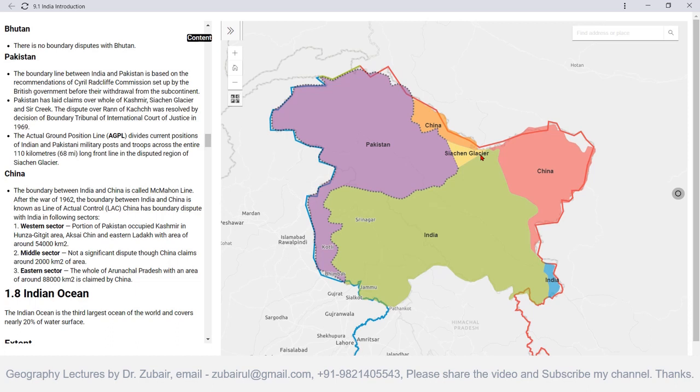So what is the dispute with Pakistan? Pakistan claims all of Kashmir illegally. So this is a Kashmir related dispute. Another dispute was related to Sir Creek, but the dispute over the Rann of Kutch has already been resolved by the International Court of Justice in 1969.